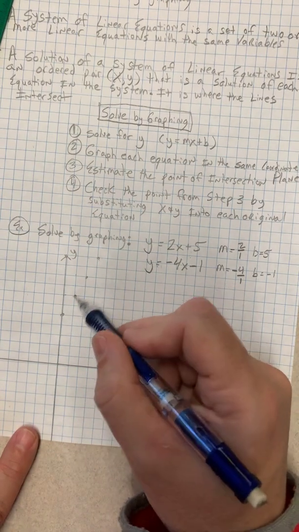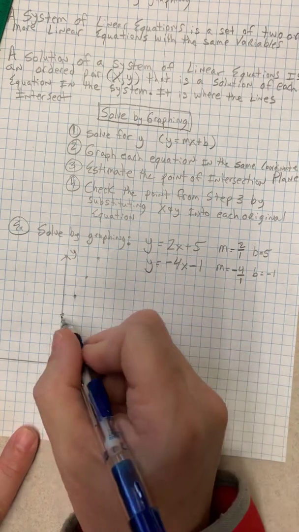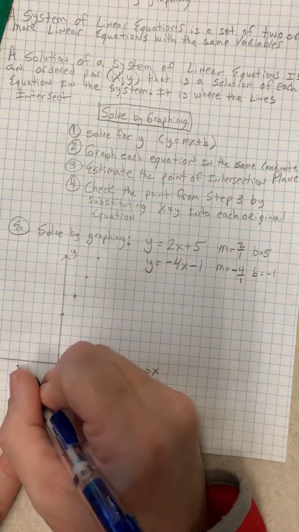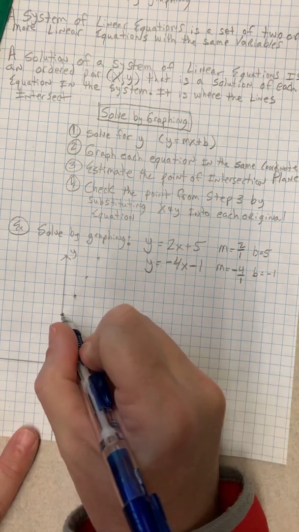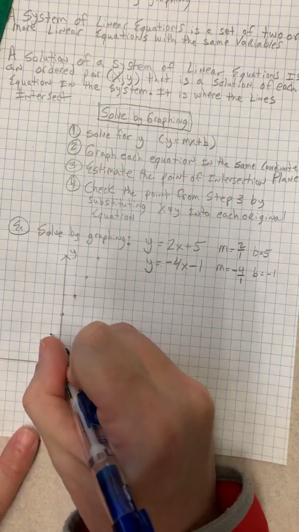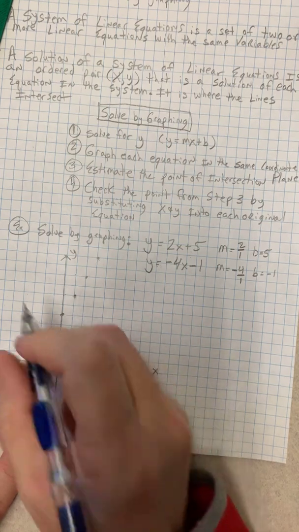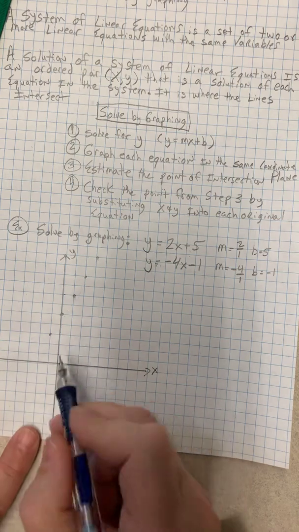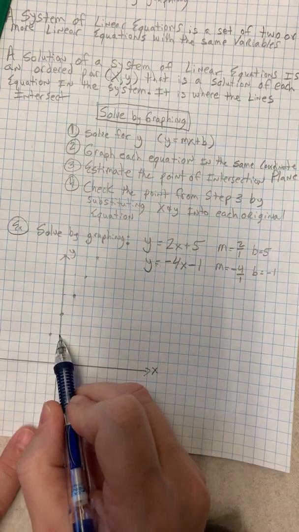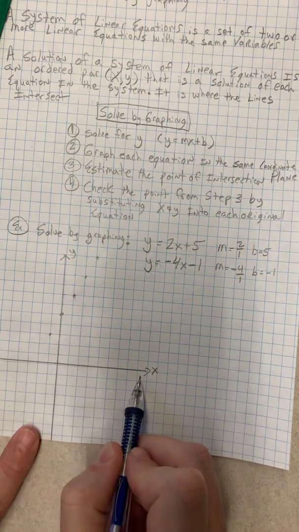This line doesn't stop at the y-axis, remember. It also comes down in this direction. It's linear, it has a constant rate of change. So I can also go down 2 and to the left 1. And remember, if I go down 2, that's negative, and to the left 1, that's negative. Down is negative on the y, to the left is negative on the x.